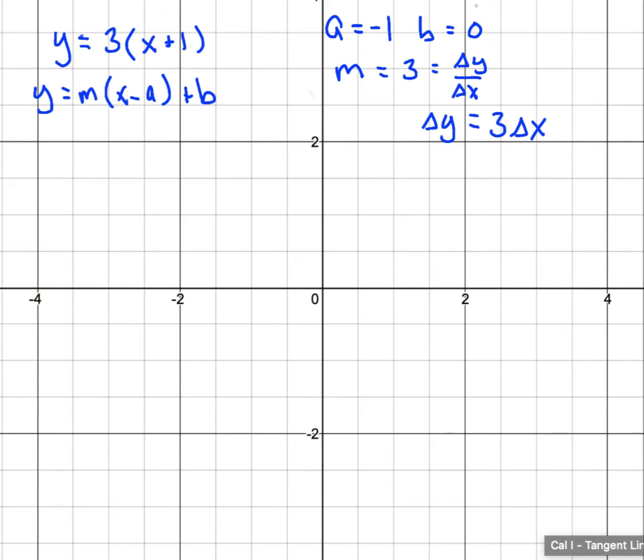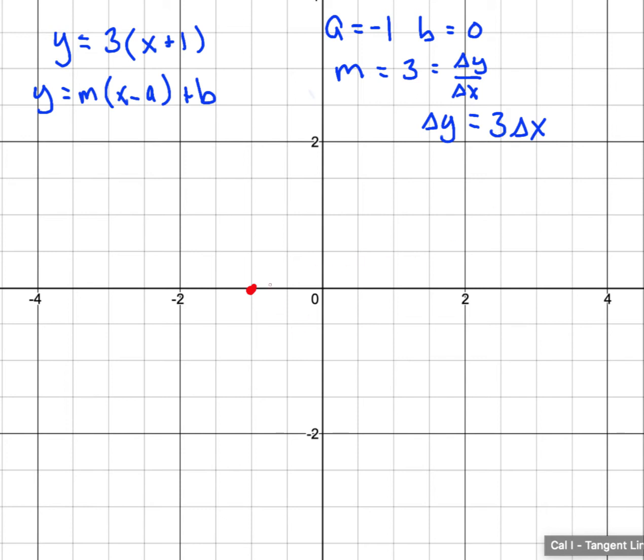So I know that the point -1, 0 is on the graph, so I know here is a spot on the graph, -1, 0, and this information tells me that however many units in the x direction I go, I have to go 3 times that in the y direction.